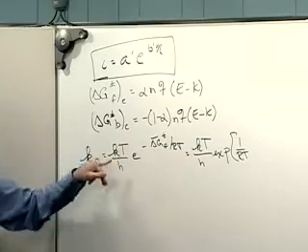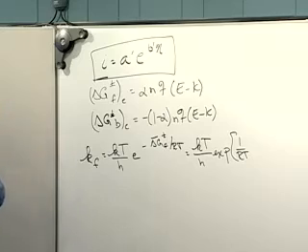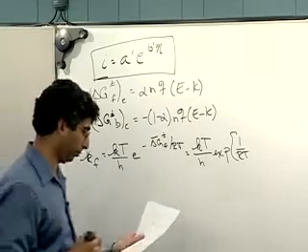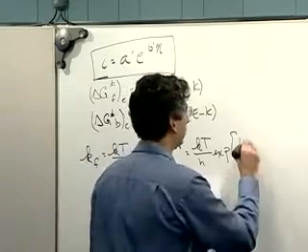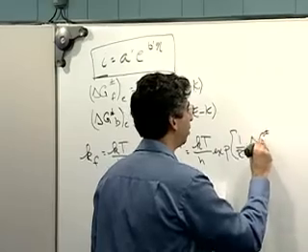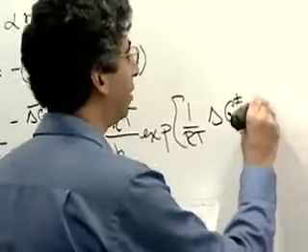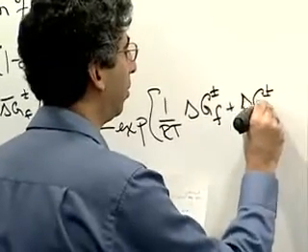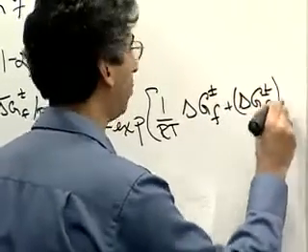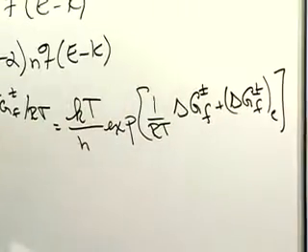This term is per molecule, so it's based on k. Delta G double dagger forward for the chemical component, plus delta G double dagger forward for the electrical component.